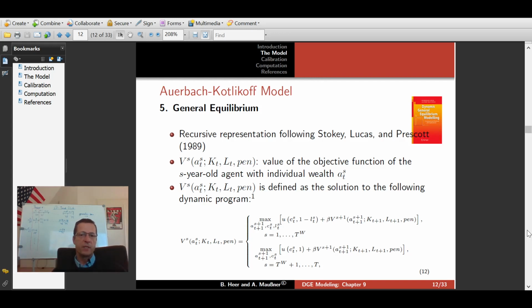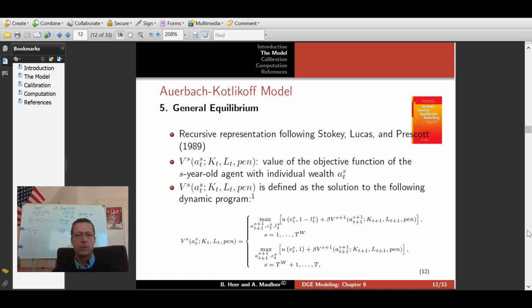And we can proceed to describe the general equilibrium using the recursive representation of Stokey, Lucas, and Prescott. Therefore, we define the value of the objective function of the s-year-old agent with individual assets a_s,t as V_s, a function of a_s,t. And we have the exogenous variables: aggregate capital stock K_t, aggregate labor L_t, and the pension PEN.